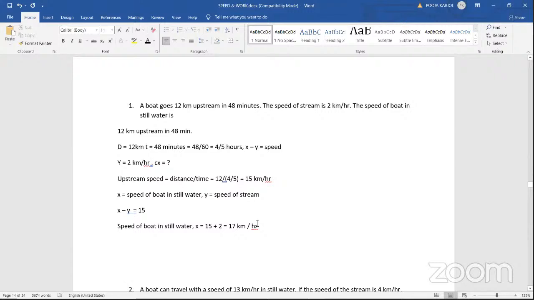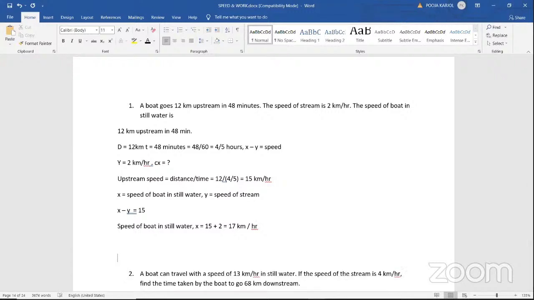Yes, ma'am. Ma'am, can you explain once more? Sure. A boat goes 12 kilometers upstream in 48 minutes, meaning the distance covered is 12 kilometers and the total time taken is 48 minutes. The speed of the stream is 2 kilometers per hour. If they ask just for the upstream speed, you should just do 12 by time.